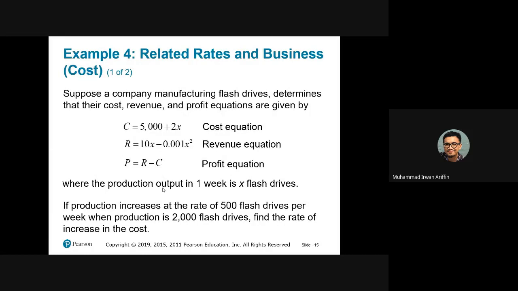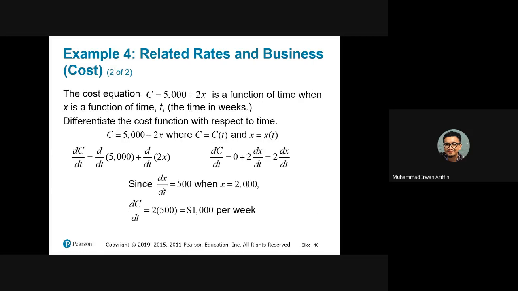So this is just the application of implicit differentiation. As you can see, you have this type of cost function, and you then do the implicit differentiation and solve for whatever problem has been given to you.